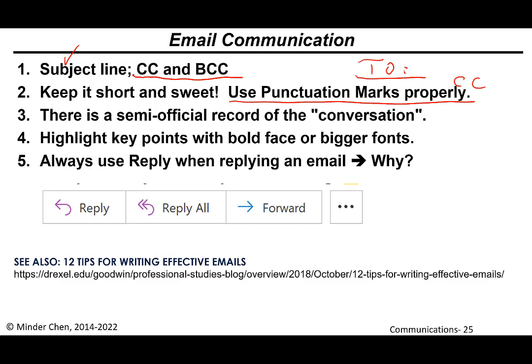I was shocked. I can kind of read it, but it's really weird. So use punctuation marks, sometimes to break a long sentence into shorter sub-sentences as well. Don't use all capital letters. That's considered shouting in email.